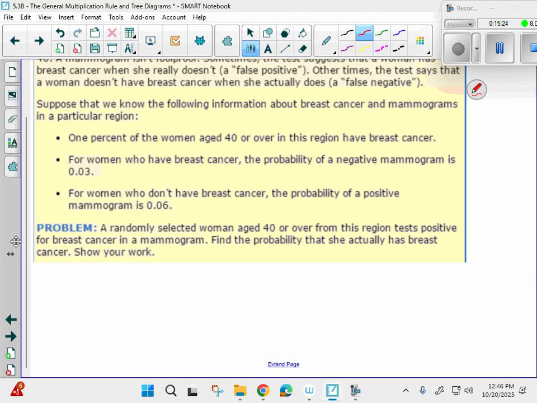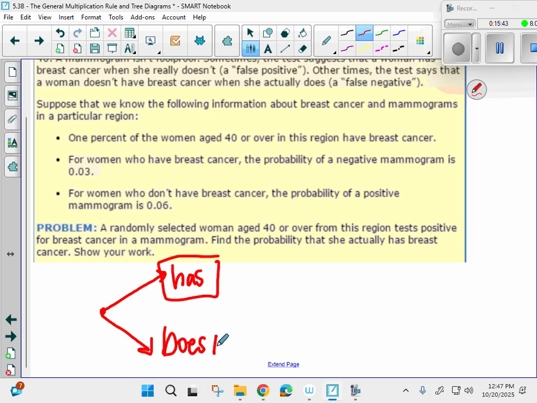So we're going to first make a tree diagram. Okay, what do you think goes first? Has it or doesn't have it? That is correct. She either has breast cancer or does not have breast cancer. Okay.